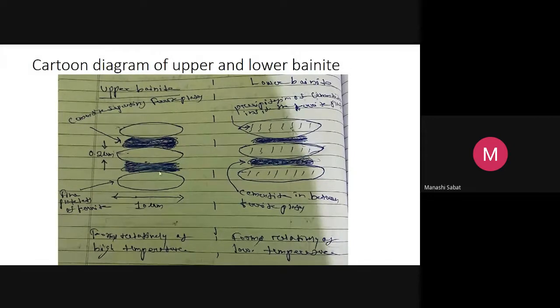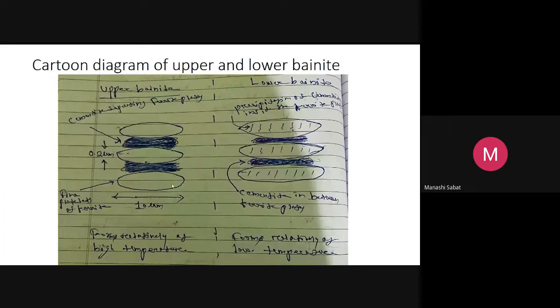Cementite particles are absent inside the ferritic plates. Whereas in the lower bainite, there is cementite in between the plates and also inside the plates. These are the cementites which have nucleated inside the plate of ferrite, and some cementite are in between the ferritic plates. This is the difference.